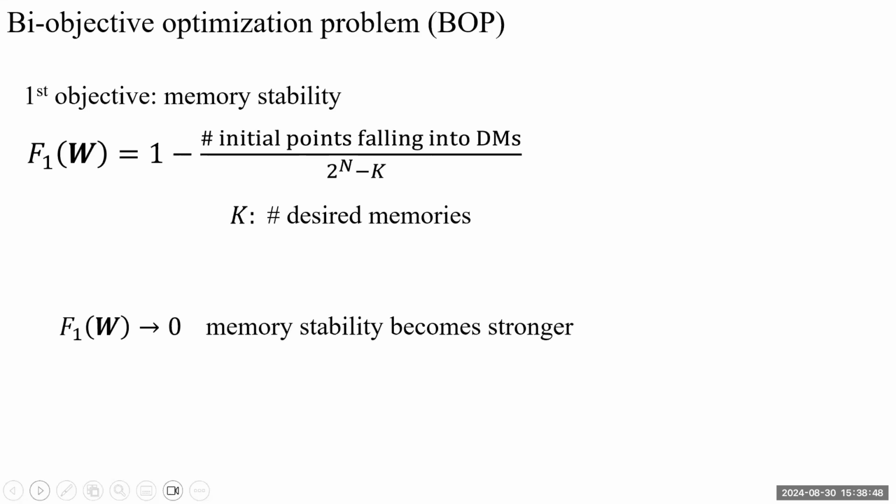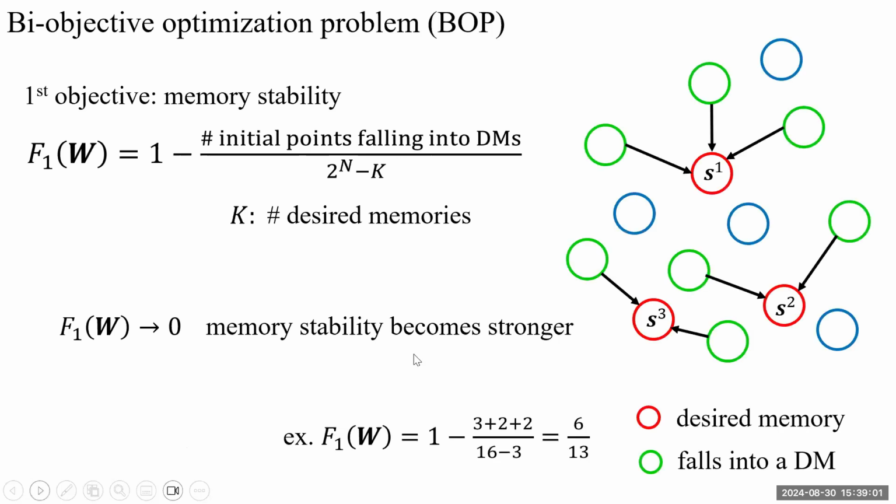As the first objective decreases, memory stability becomes stronger. It is the inverse case of part one. But in this case, decreasing means stability is stronger. In this example, 3 initial points fall into the first fixed point, 2 to the second fixed point, 2 to the third fixed point. Then the first objective is calculated like this.